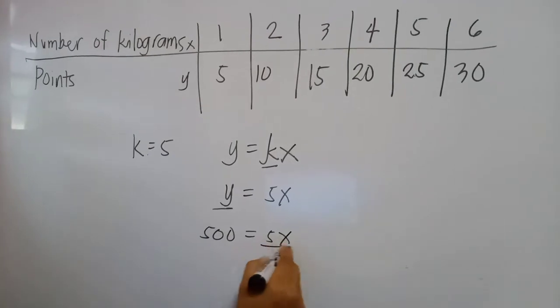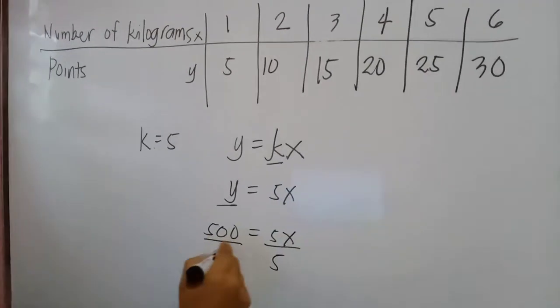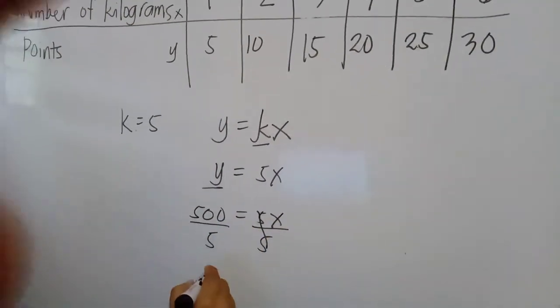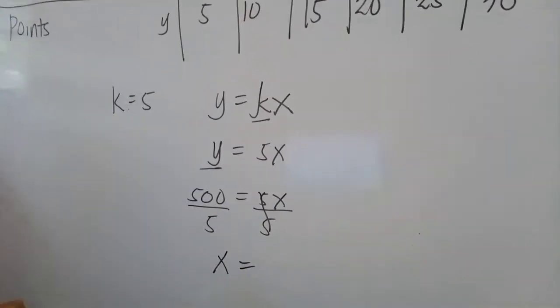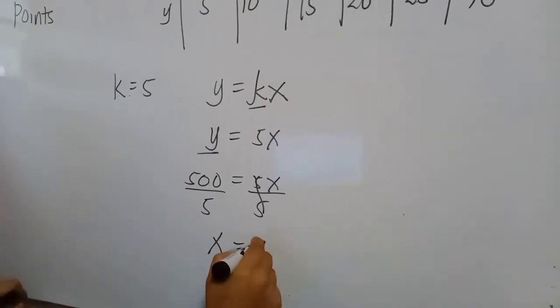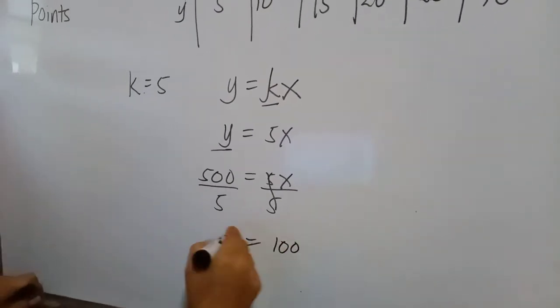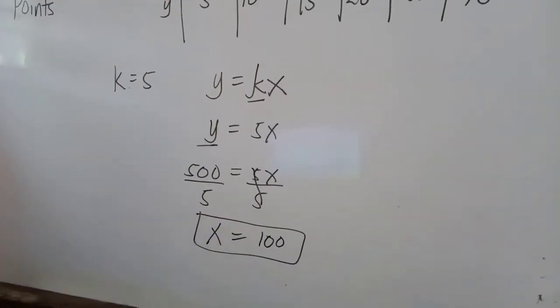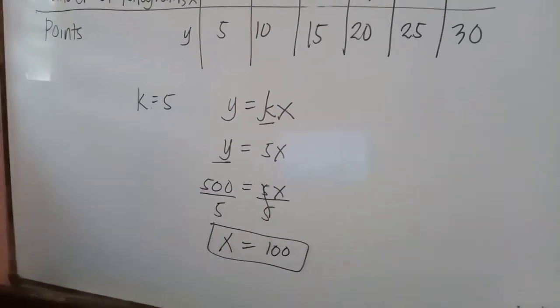We just need to divide: what is 500 divided by 5? That's 100. So 100 kilograms will be needed to get 500 points.